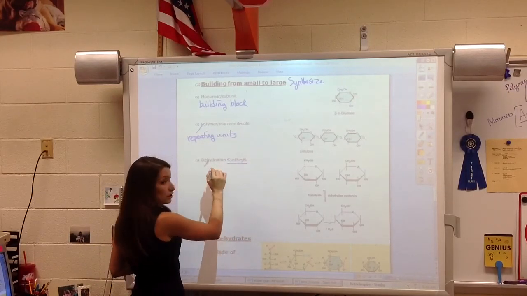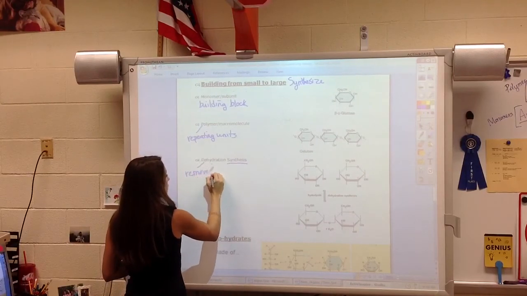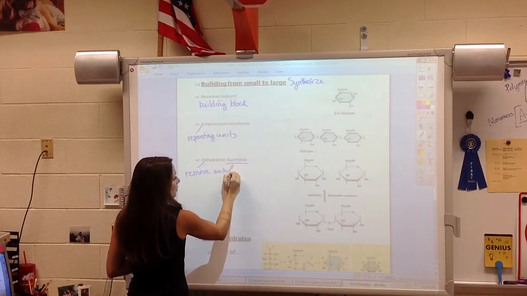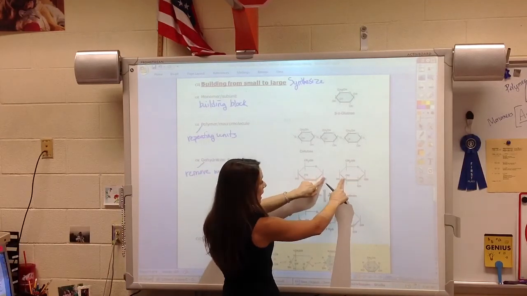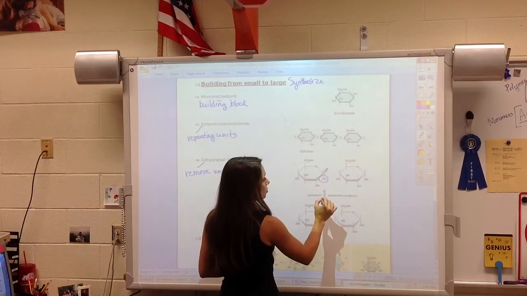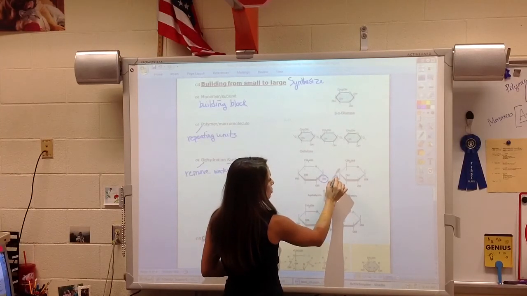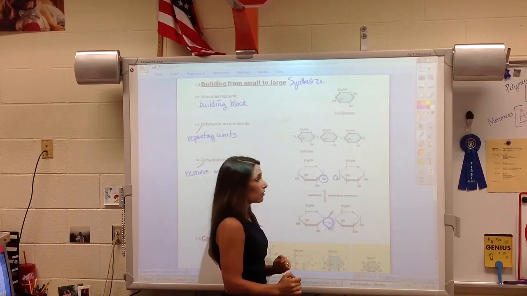Dehydration synthesis would mean to remove water. So if I have these two monomers or small parts and I add them together, I'm actually going to remove the OH and this H, and I'll end up with an O left bonding them together in the middle.